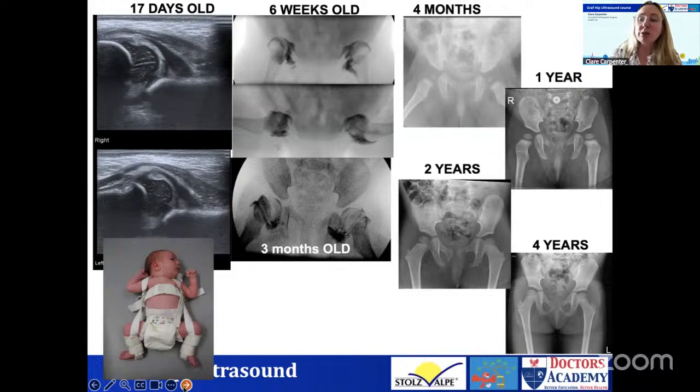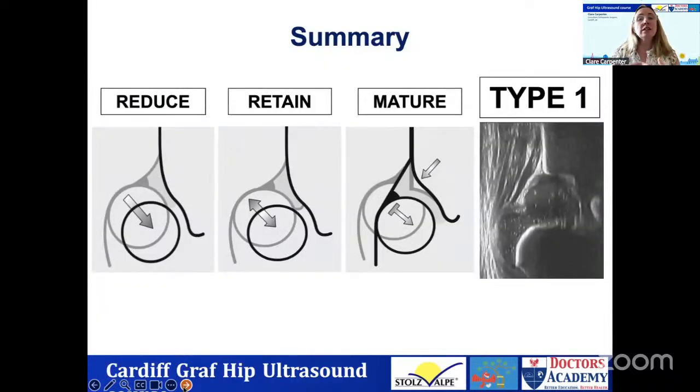Again, if we'd have had to do an open reduction on these hips, either medial open reductions at 6 months or even full anterior with an acetabuloplasty at 12 months, the hips never look normal. So in summary, the principles of treatment are reduce, retain, allow maturation until you get an age equivalent mature hip.